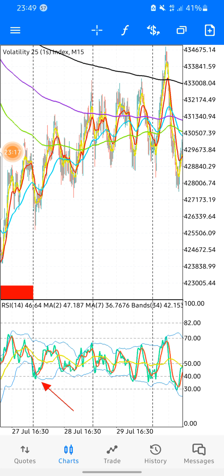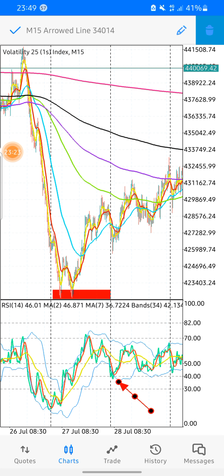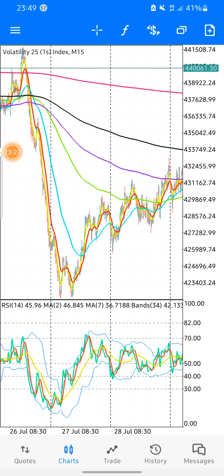So this was a proper setup for an ID50. So this is all about the ID50 trade.